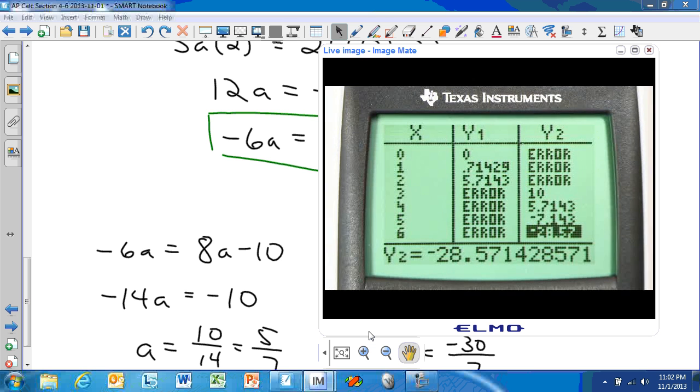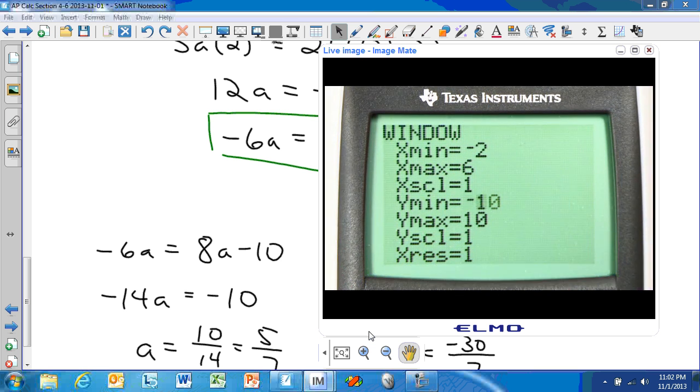Well, I'm not going to worry about going that far down, but I think it's got to be a little bit above 10 there. So I'm going to go from negative 6 to maybe 12. We'll see what happens with this graph.